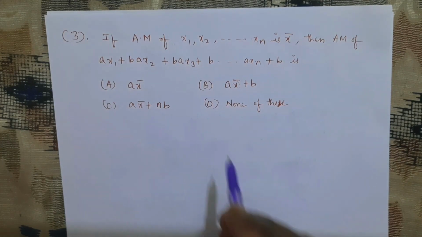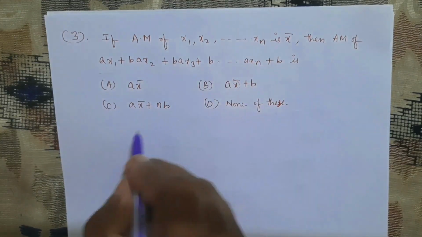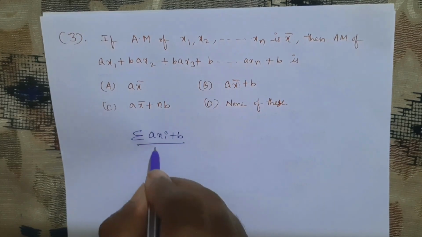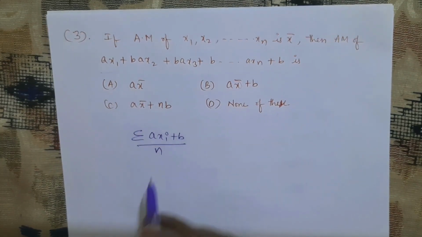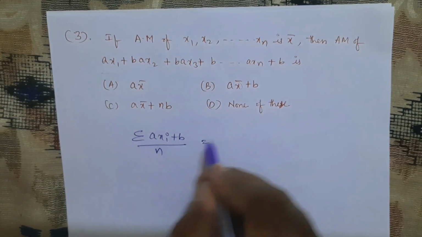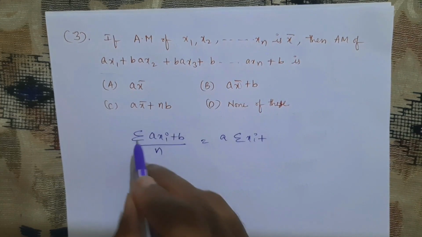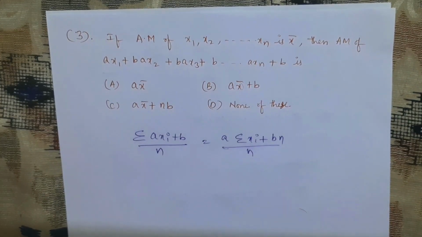See here, if you observe, this one we can write as sigma axi plus b by n, right or not? This is sigma axi plus b by n, and again this one we can write as a sigma xi plus sigma b, sigma b is nothing but bn, divided by n.